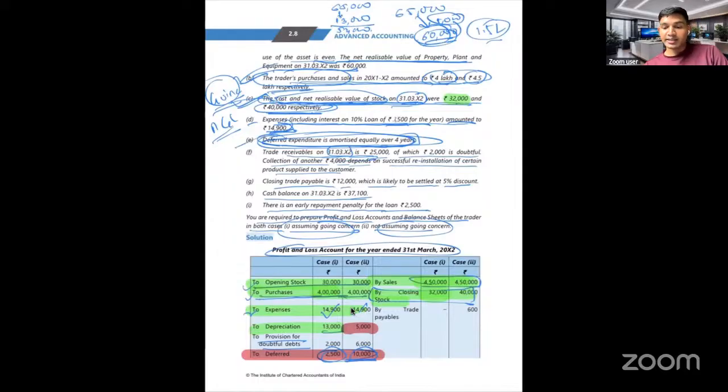Then trade receivable as on the date of the year is 25,000, of which 2,000 is doubtful collection. If it is doubtful collection in the normal course of business, we will take it under consideration.